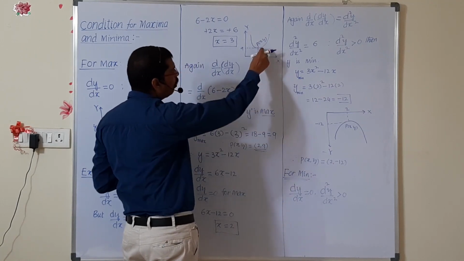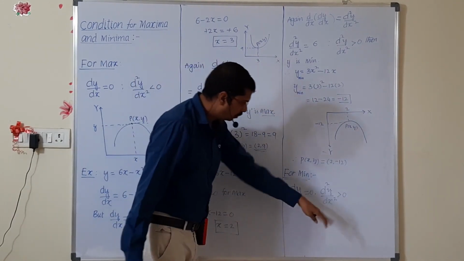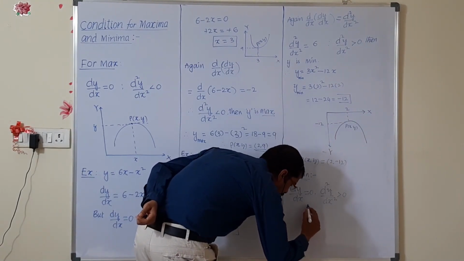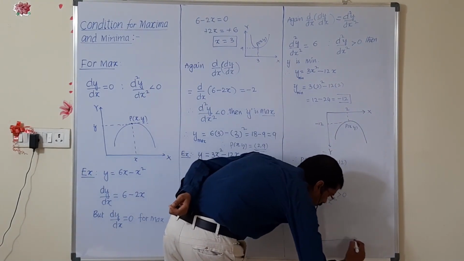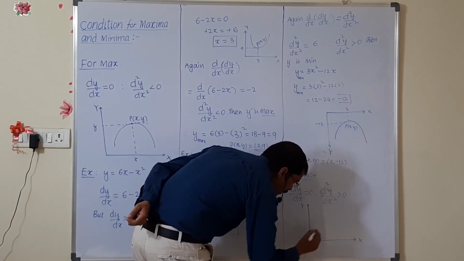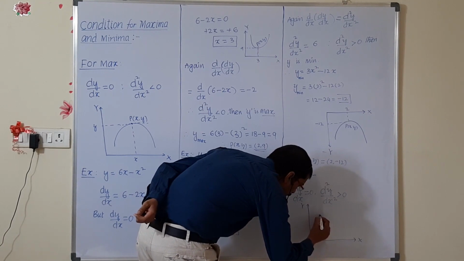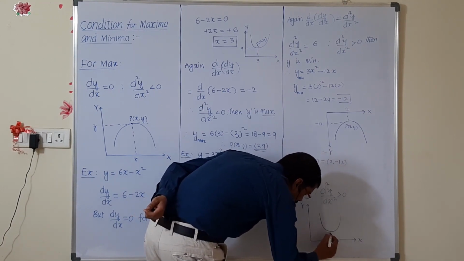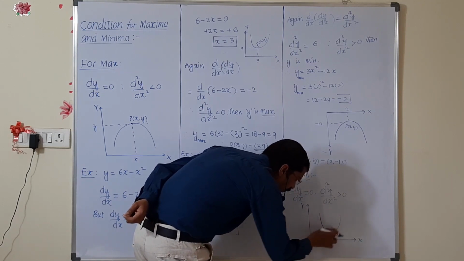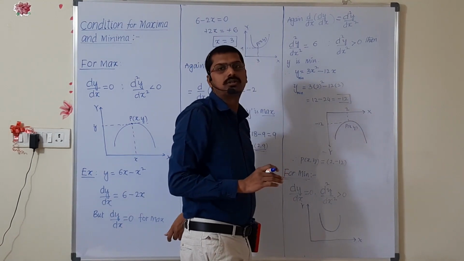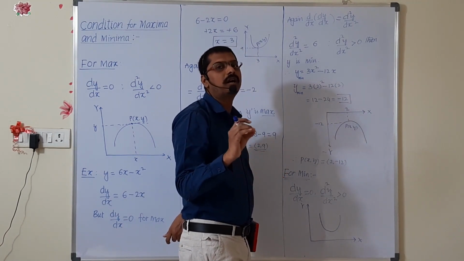Now for the minimum, how will the graph be? The graph is, this is x and this one is y. For the minimum, we have to represent the graph like that. Again, in any way, if you draw the tangent on this path, the tangent should be parallel to the x-axis.